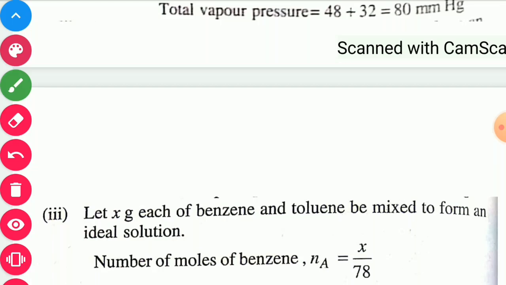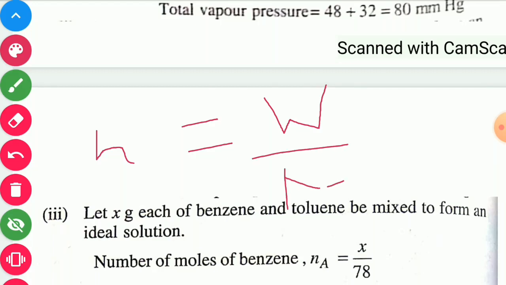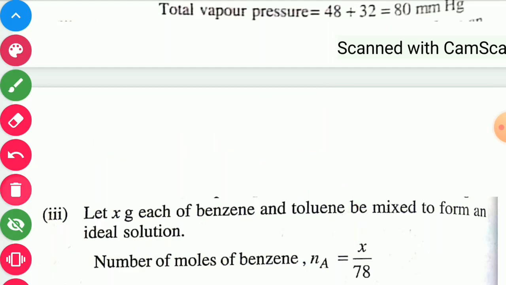So to find out number of moles of benzene, we know that if the mass is given, then N is equal to given mass upon molecular mass. So given mass is x and molecular mass of benzene is 78. Therefore number of moles of benzene, that is Na, will be x upon 78.